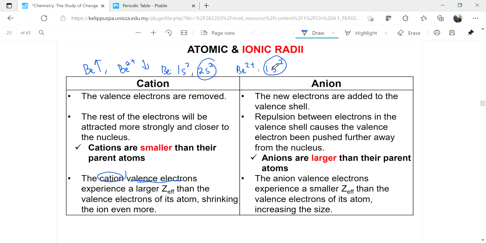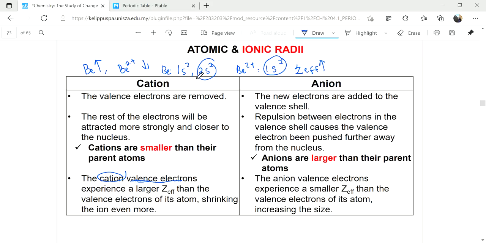When the attraction of electrons towards the nucleus is higher, the ZF, the effective nuclear charge, will also increase. And then it will make the ion shrink in size. Compared to beryllium, we have 4 electrons here in the atom.